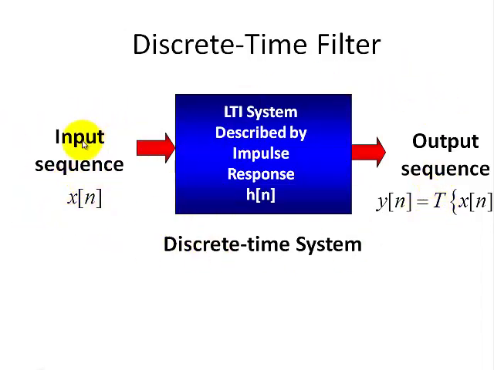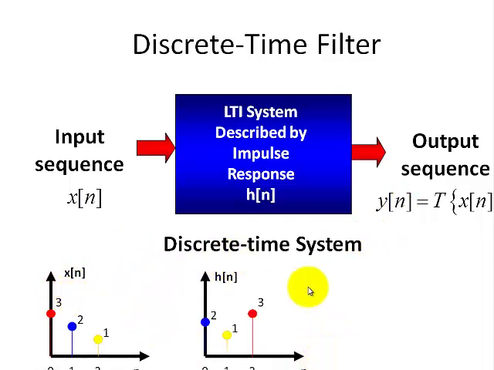It takes some input and manipulates the input to give you some desired output. This input may have contained noise, and what this filter does is get rid of that noise to give you some output sequence that has desirable properties. Here we have an input sequence x sub n, and we have this filter description.